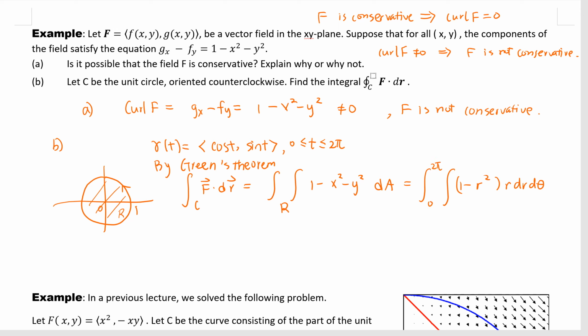Because it's a unit circle, r is from 0 to 1. We can distribute. We don't need u substitution, even though it would work here, because we can just multiply out and use the power rule. So this is r minus r cubed, dr d theta.